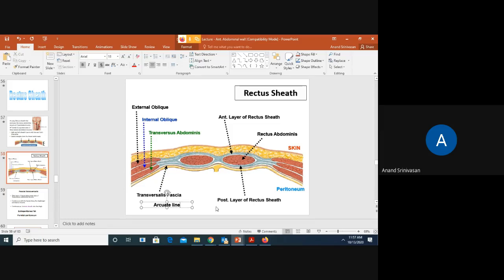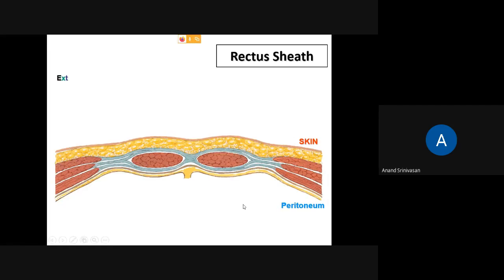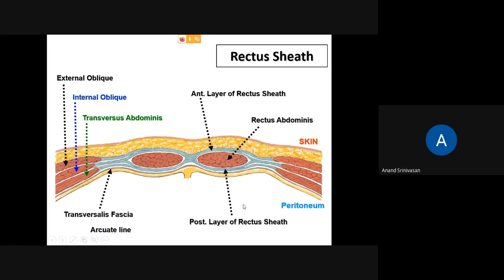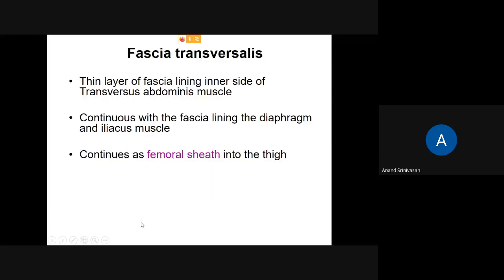It is the exact part where the posterior rectus sheath ends, as all three aponeuroses go above. There will be a line, and that is called the arcuate line.